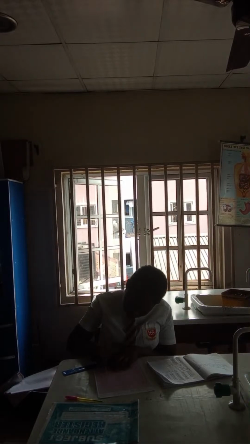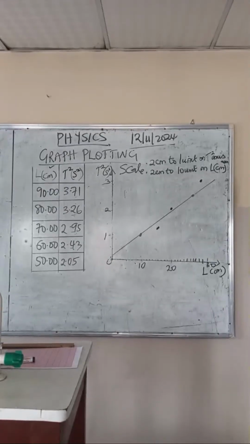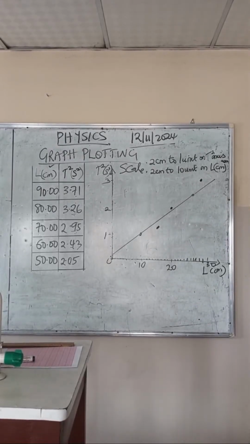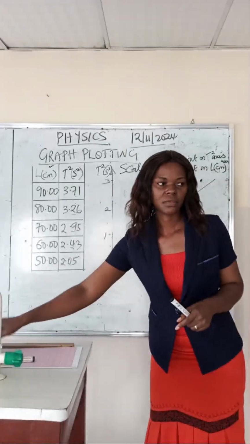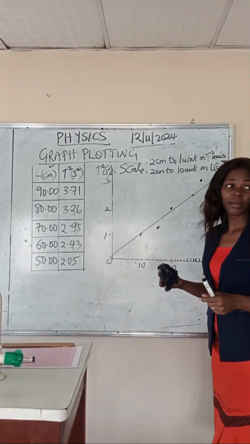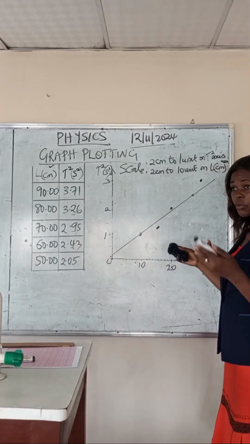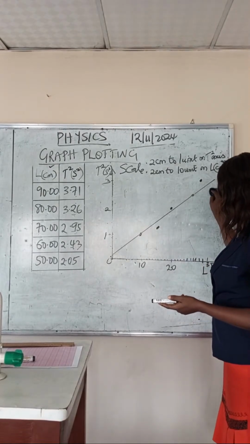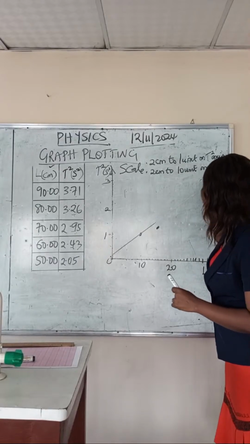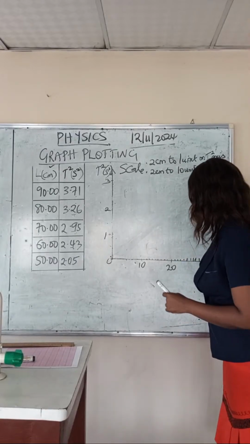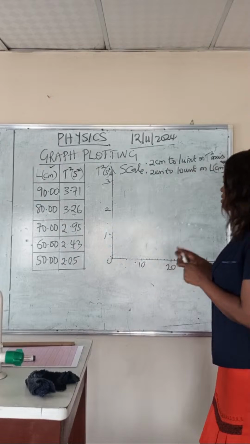Are you done? Now let me teach you how to read your slope. Now listen, I'll soon be done. This is what you have, right? Yes. Now I want to teach you something from what you just have. What do I mean?